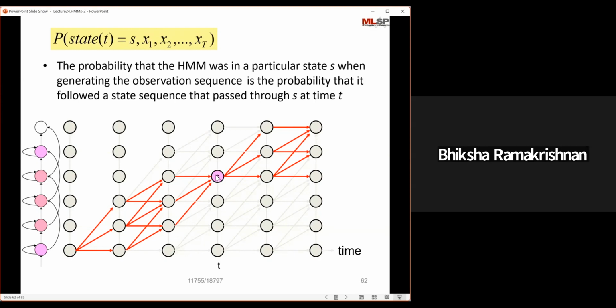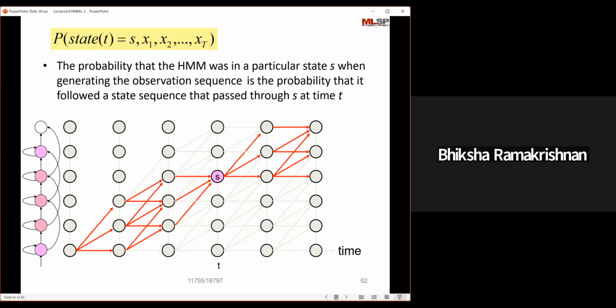So it has everything into here and also everything going out. These are all the paths that go through state S at time t. Right? This making sense? The rest of you, does this make sense? Easy, right? And so this is the probability we need to compute.